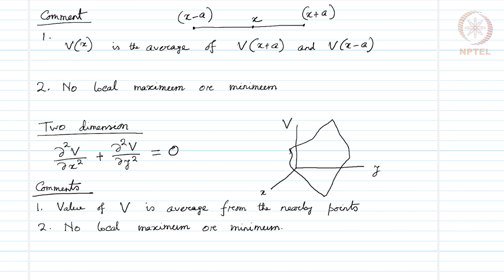Let us move on to the case of 3 dimensions. In case of 3 dimensions, we can write that the value of the potential is the average from the points nearby.